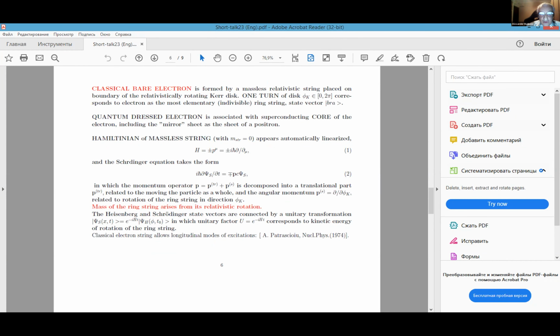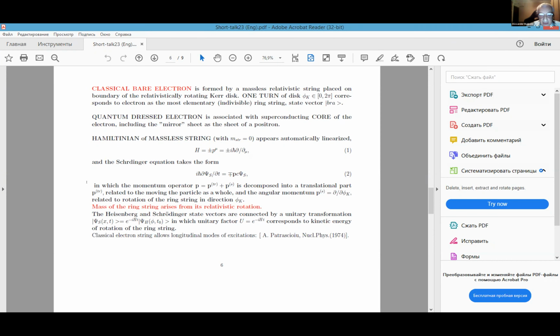The quantum dressed electron is associated with the superconducting core of the electron, including the mirror sheet as the sheet of positron. The Hamiltonian of the massless string, the string is massless, and this equation leads to the Hamiltonian being automatically linearized, and the Schrödinger equation takes the form with two contributions, plus contribution and minus contribution.